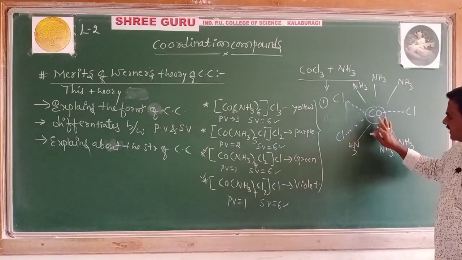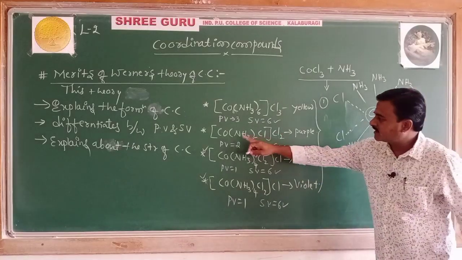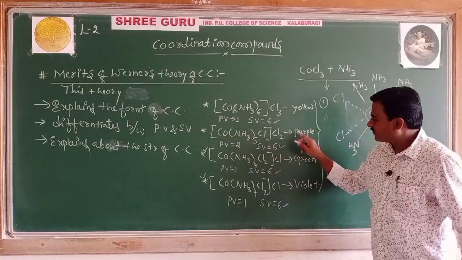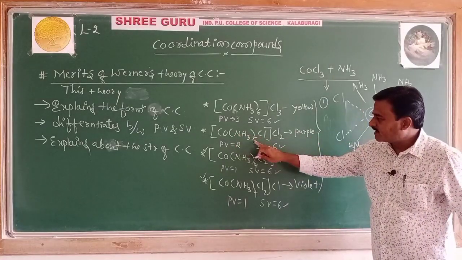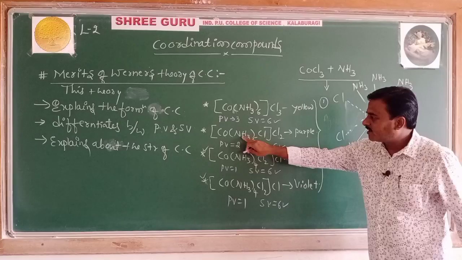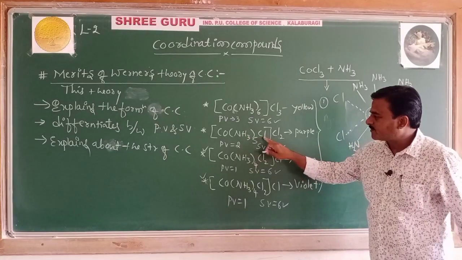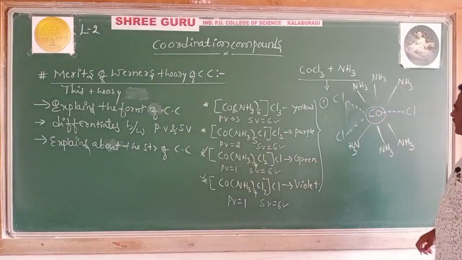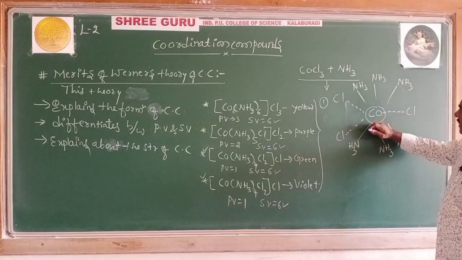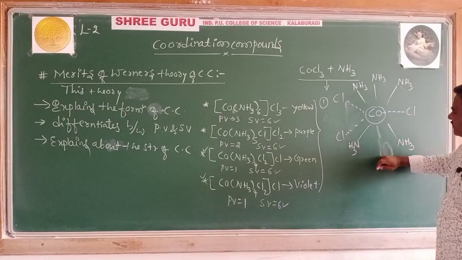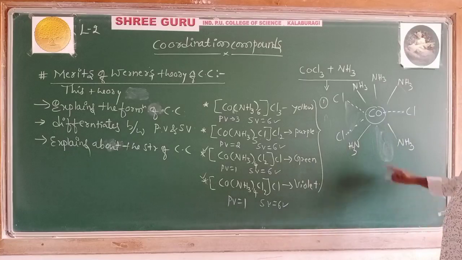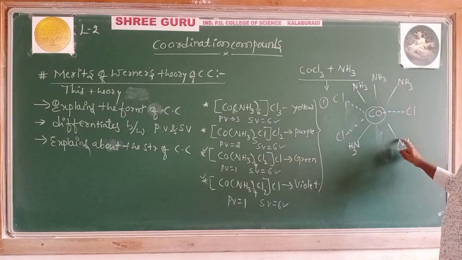So here itself I can mention for structure 2, the secondary valence is 5 satisfied by ammonia and 1 satisfied by chloride ion. So I can write that one of the ammonia molecules is removed for the second structure: 1, 2, 3, 4, 5.